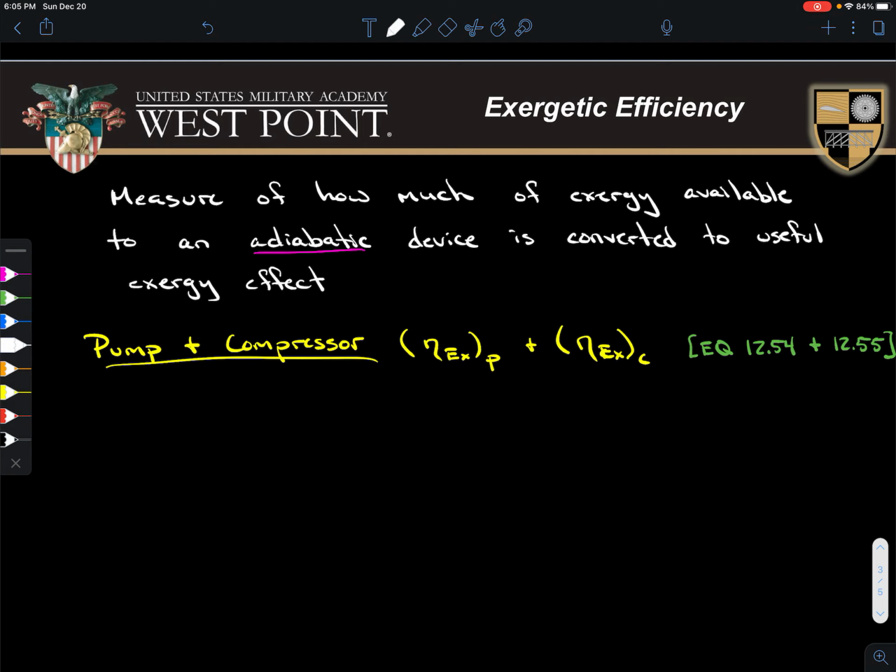So we would have the exergy efficiency of a pump.